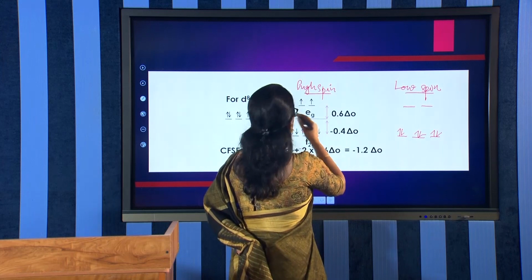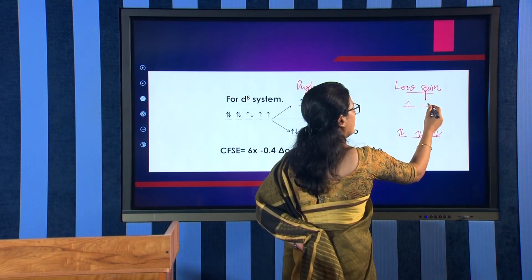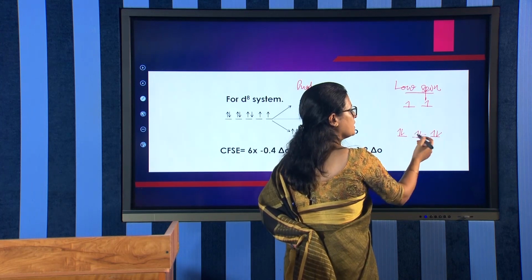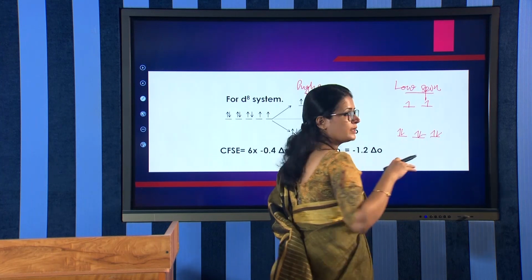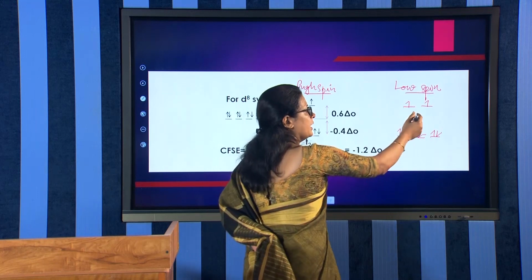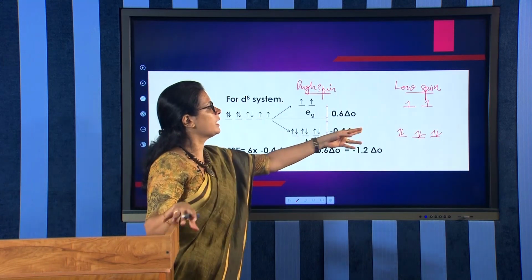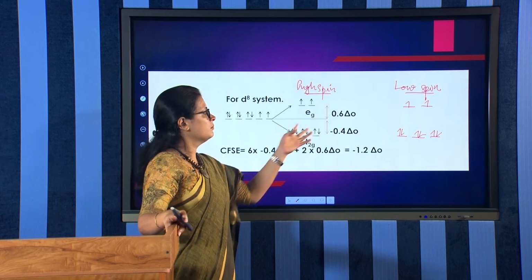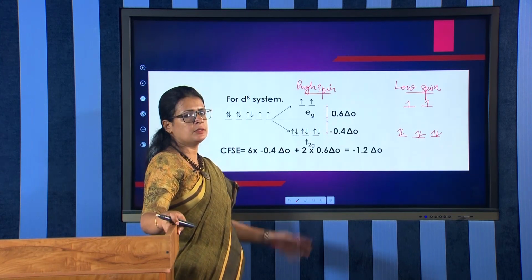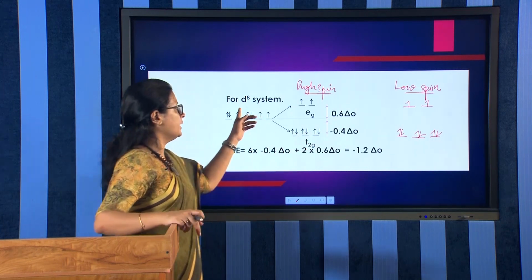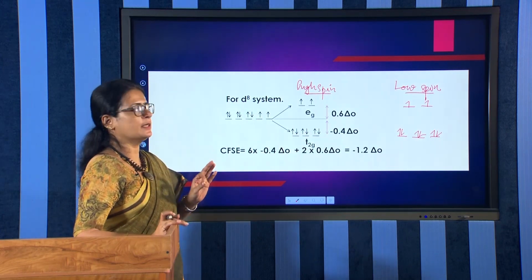But you have the system D8, so 6, 7 and 8. After 6, the 7th and 8th electrons should go to the EG level. See the difference. Is there any difference in the electronic arrangement in both cases? No difference, both are the same. That is why in the D8 system only one case is there.